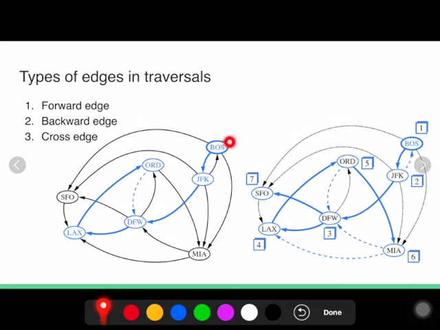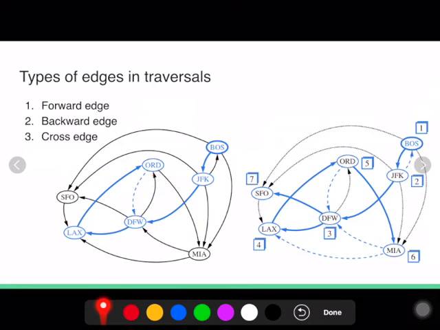In this example, let's say I have started from BOS, so I come to JFK, and then I travel to DFW, and then LAX, and then ORD, and from ORD if I take a path again back to DFW, this will be treated as a back edge. The reason is DFW is already visited, and from ORD I am trying to visit a city that has already been visited, so that will be treated as a back edge.